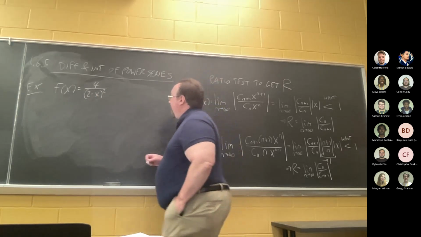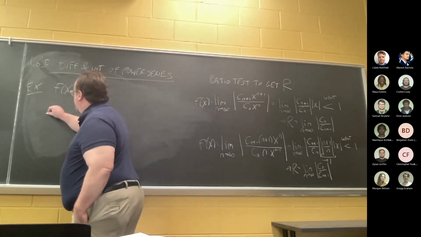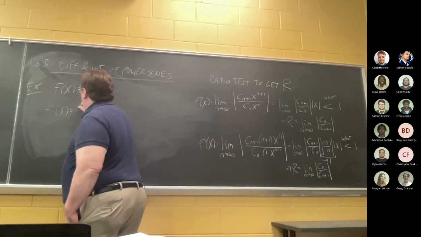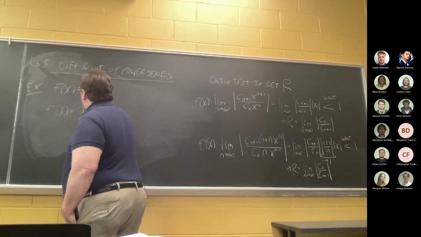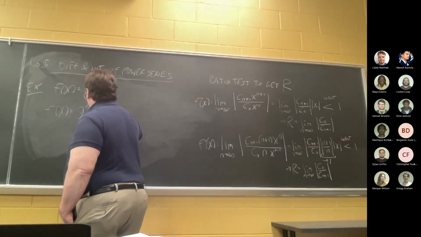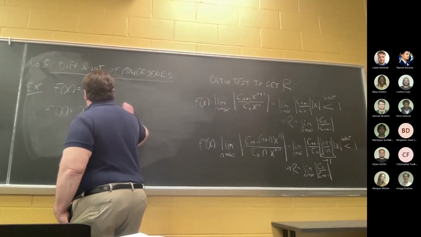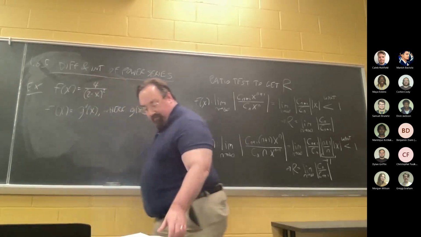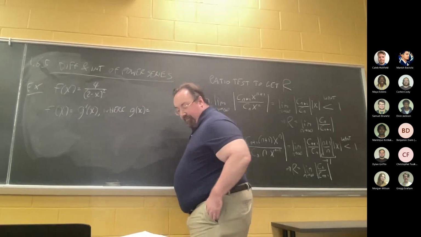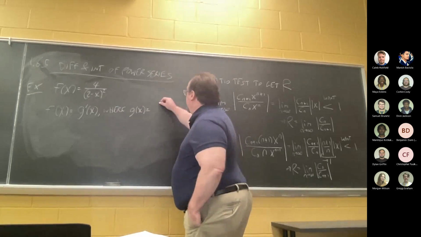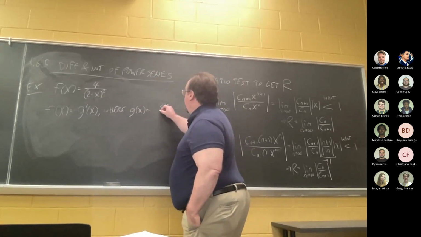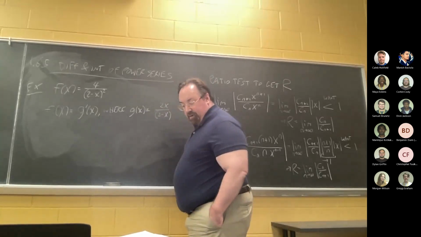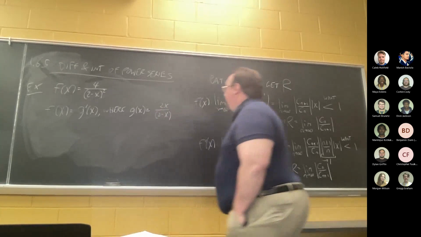But if you keep in mind that f of x is equal to g prime of x, where g of x is this function, 2x over 2 minus x.